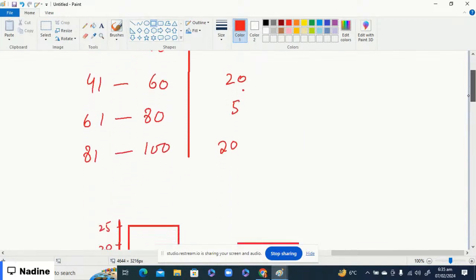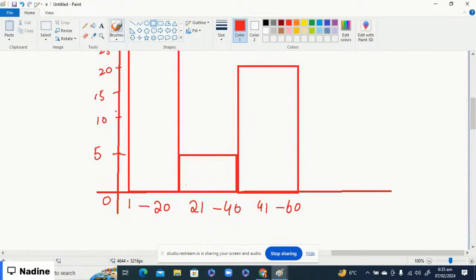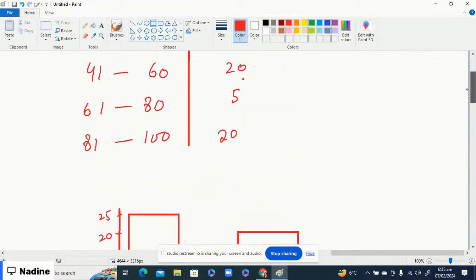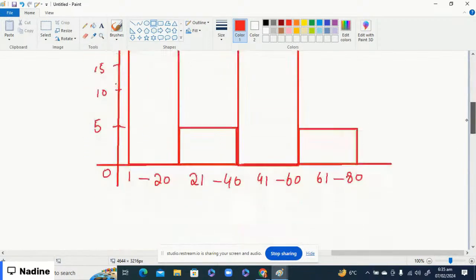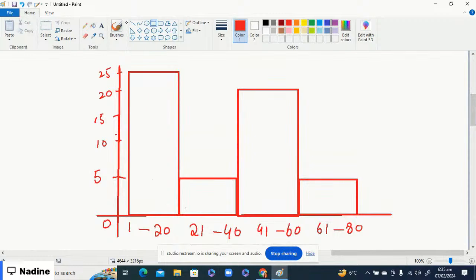Now 61 to 80 is 5. 61 to 80 it's again 5. So it's like here, and match it now. Now the last is 81 to 100, it's again 20. So it's again like this way.